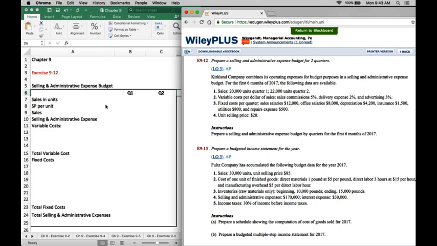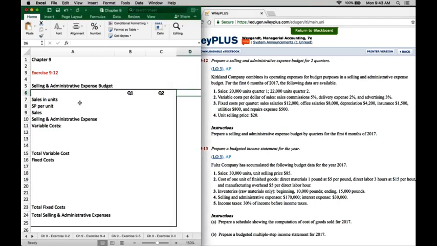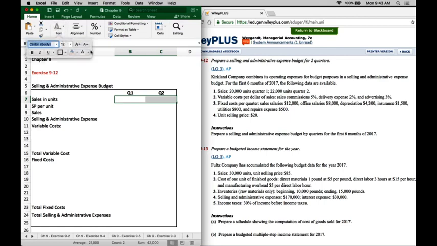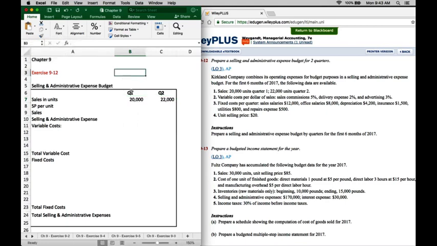So the first thing I'm going to do in this budget is write down how many units I expect to sell. I expect to sell 20,000 units in quarter 1 and 22,000 in quarter 2.